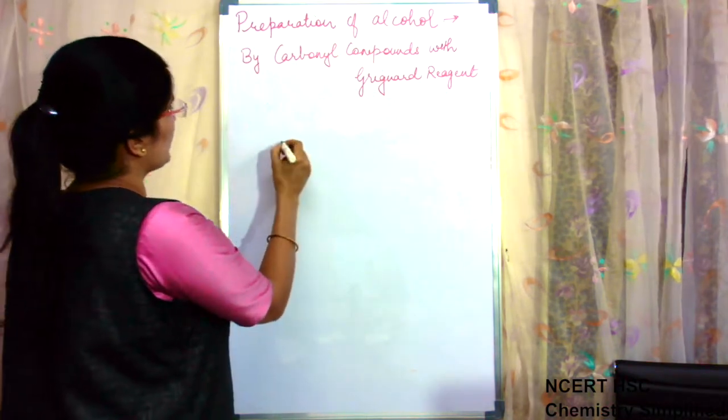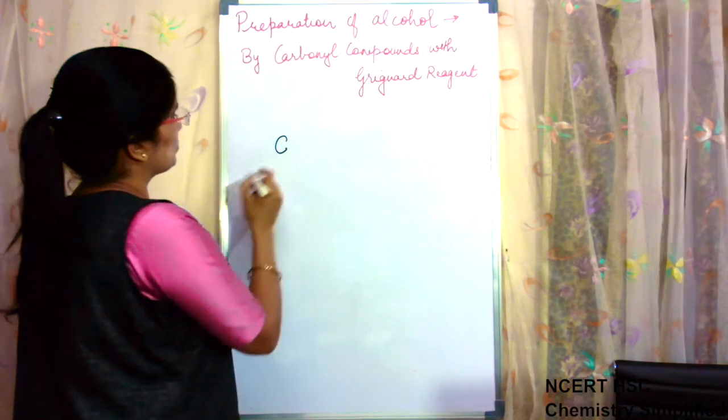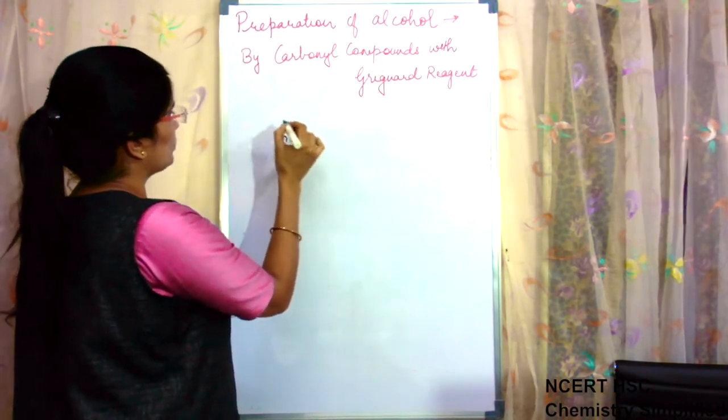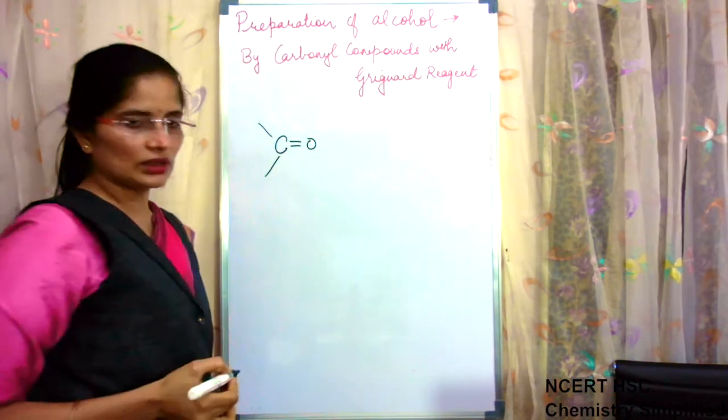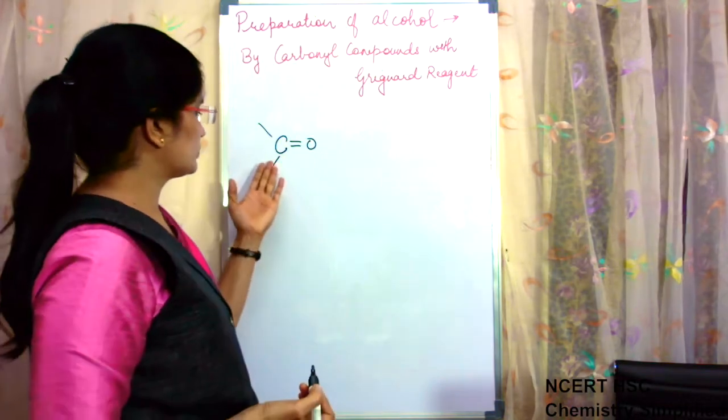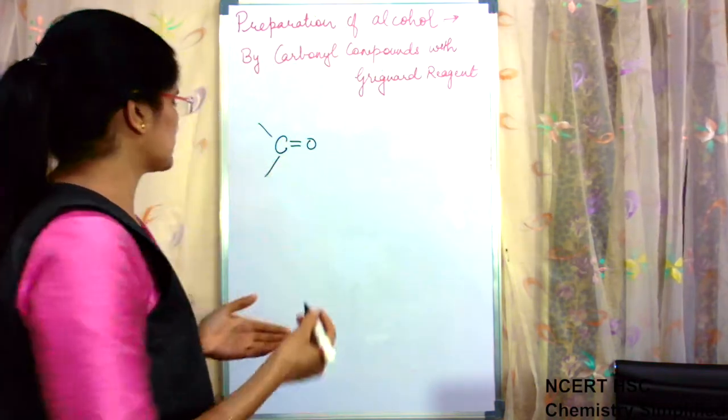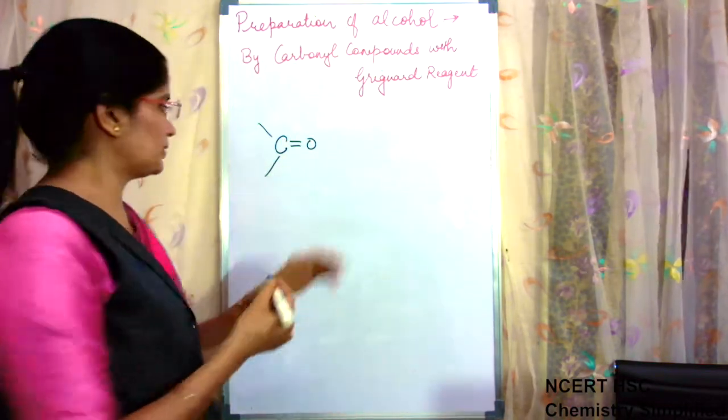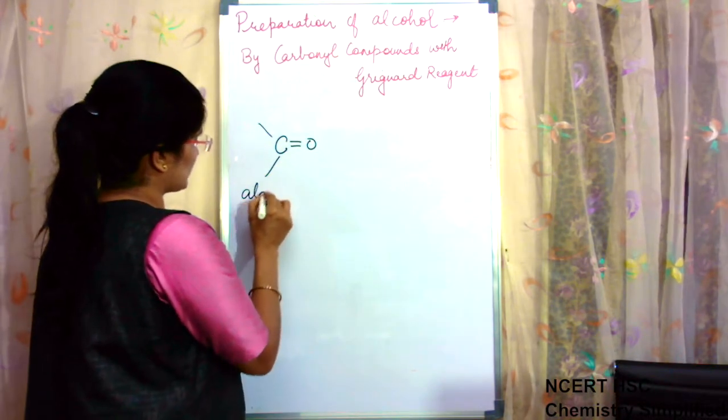Now let us take the example of a carbonyl compound, C double bond O. We are taking a common reaction. Maybe aldehyde, maybe ketone, both can react.